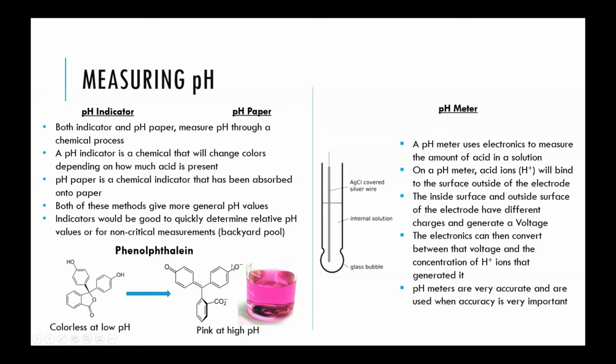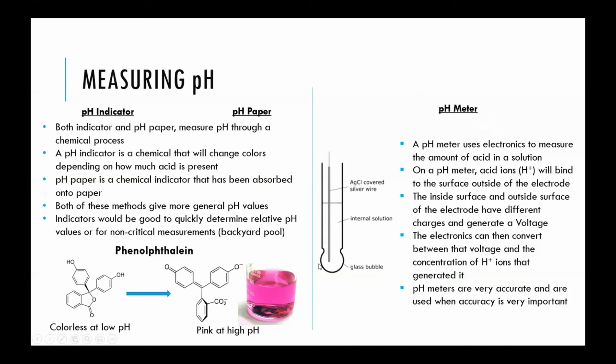These types of chemical indicators can give you a good general sense of what the pH of a solution is, but not an incredibly detailed concentration. For a much more accurate and much more specific concentration of pH or a concentration of acid, you would use a pH meter.